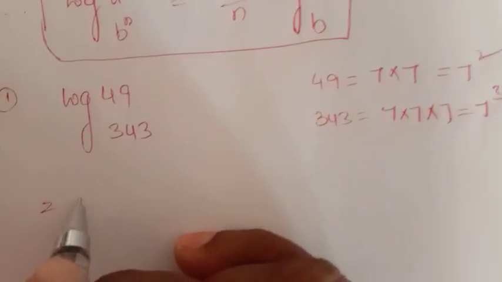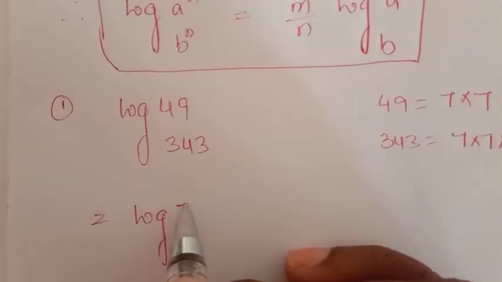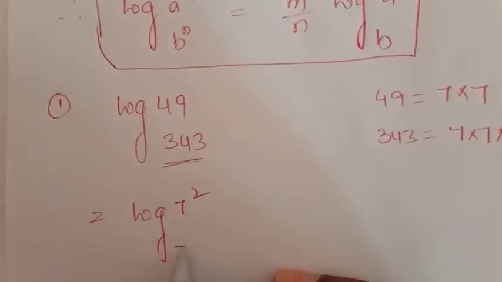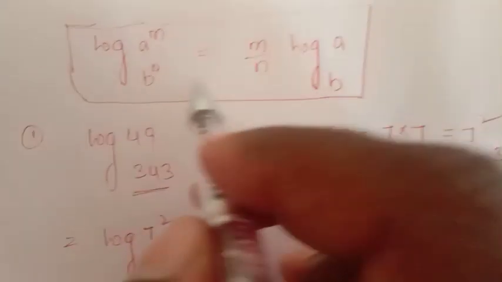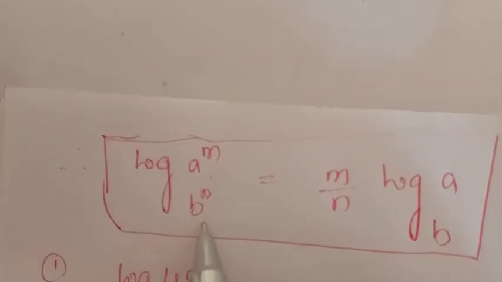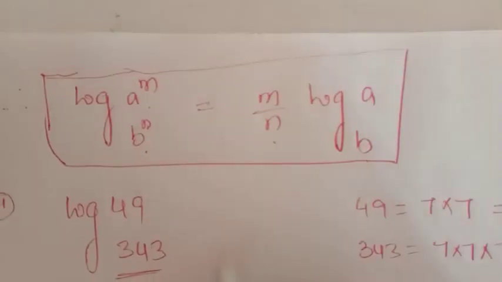So 49 is 7 square and 343 is 7 cube. Here we have the formula log a to the power of m, base b to the power of n, equals m by n log a base b.